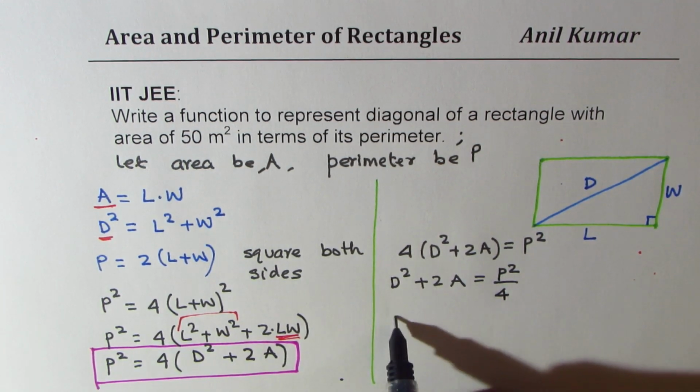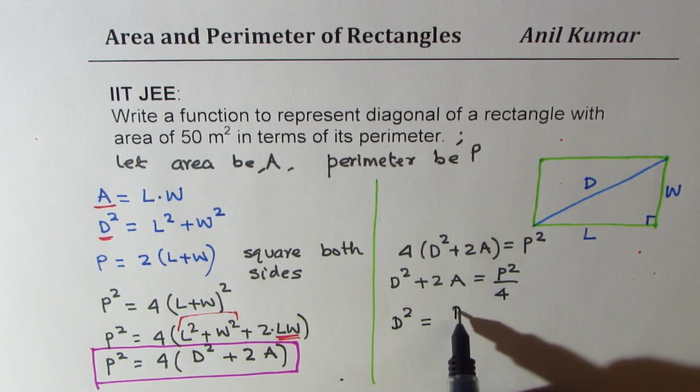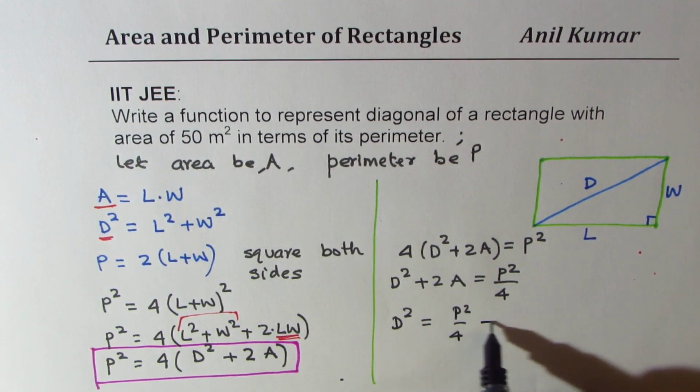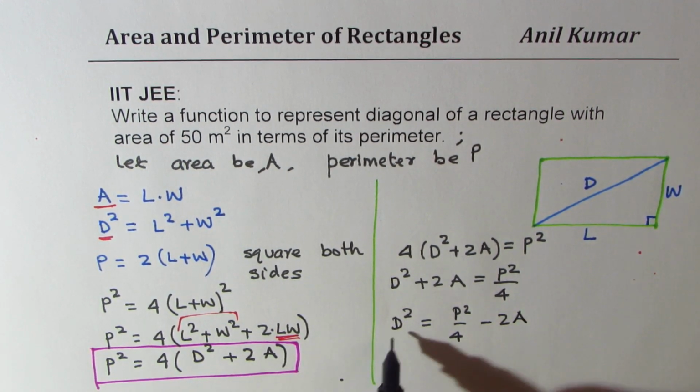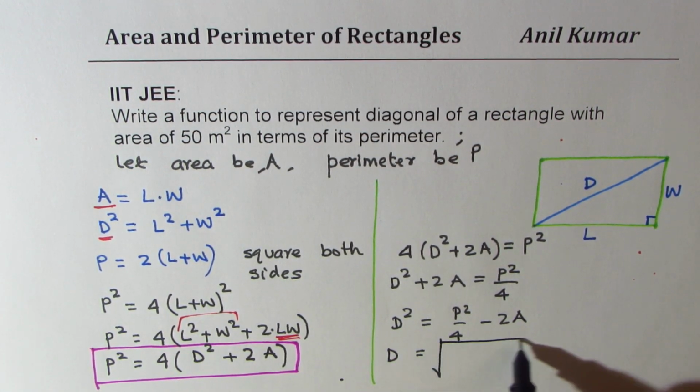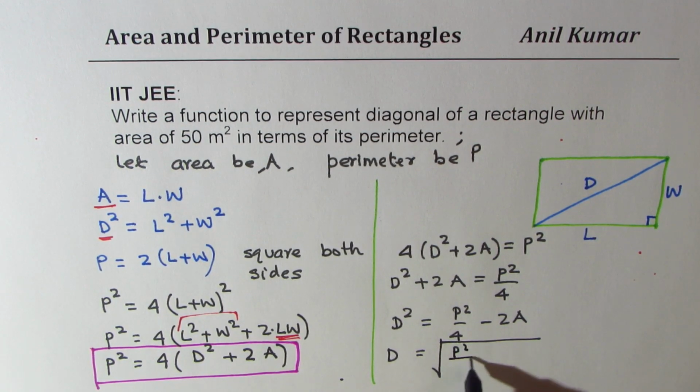We'll take 2A to the other side. So diagonal square is perimeter square over 4 minus 2A. And what is the diagonal equal to? The diagonal equals the square root of all this. Correct? So that is how you get it.